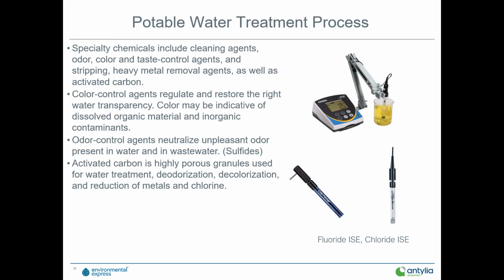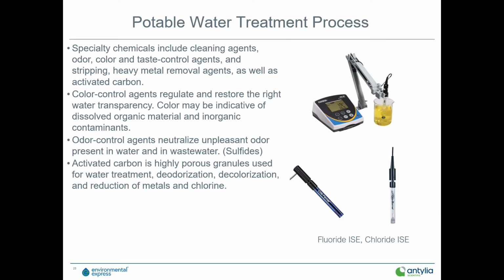Now, I didn't mention fluoride. Some municipalities add fluoride to their water, and we do offer ISEs or colorimetric options for measuring the amount of fluoride in water, which is obviously 1 part per million or less. Also, chloride ISE, nitrate ISE.